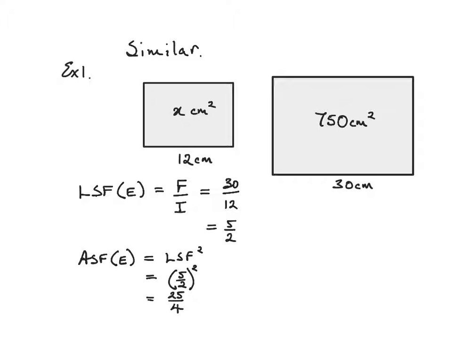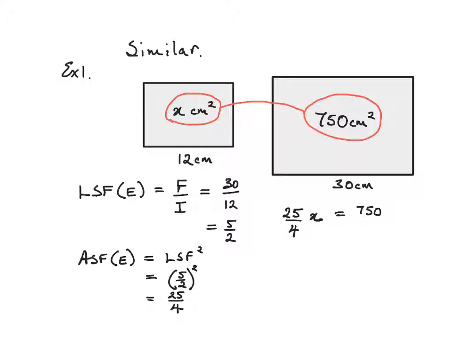What does this mean in the context? It means that I multiply the area of the smaller shape by 25 over 4 to get the area of the larger shape. So what am I going to do? 25 over 4 times x, which is the area of the smaller shape, will give me 750 centimetres squared.